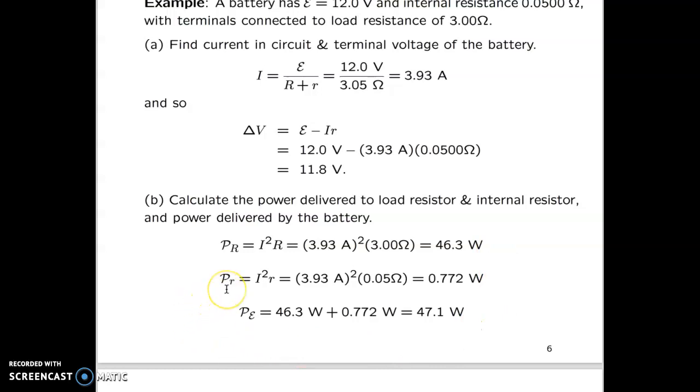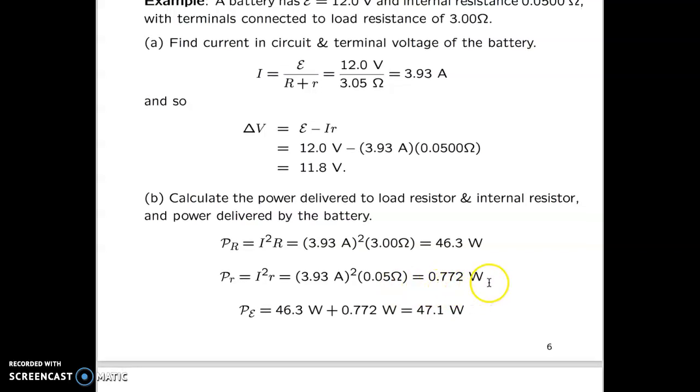The power delivered to the internal resistor, meaning really the battery, as a result of the fact that the battery has internal resistance, is I squared times little r, the internal resistance. Little r is 0.05 ohms, so we get much less energy being created per unit time in the battery.